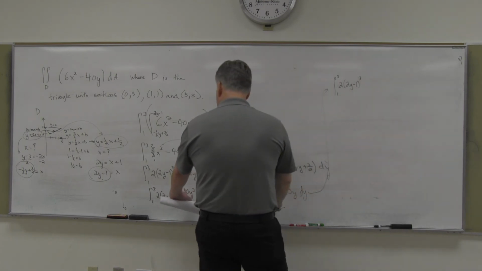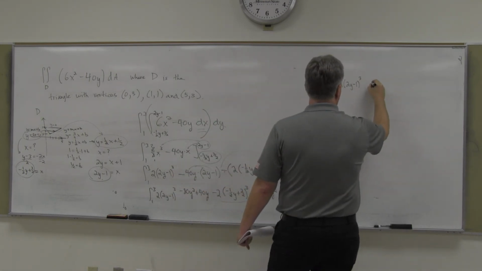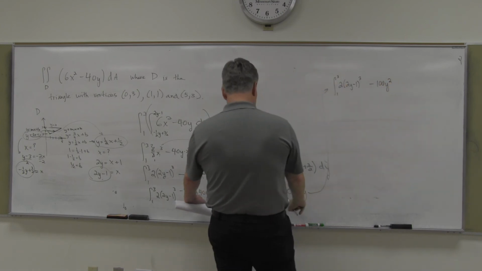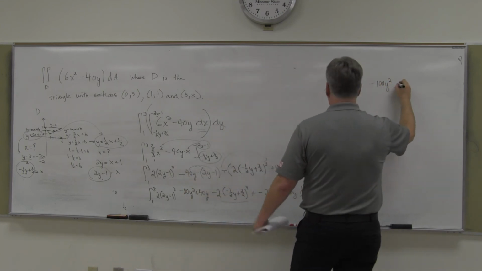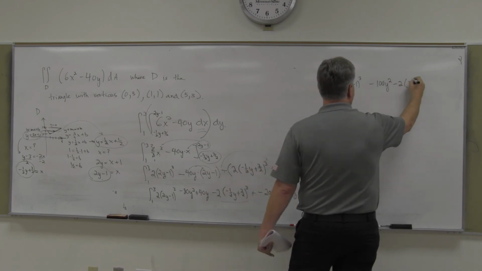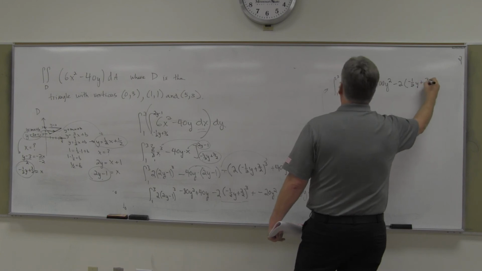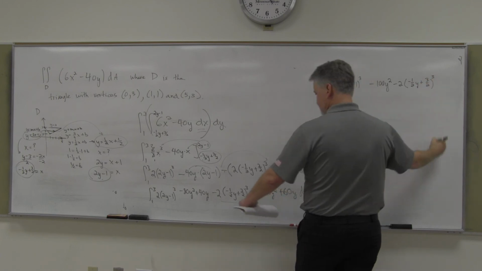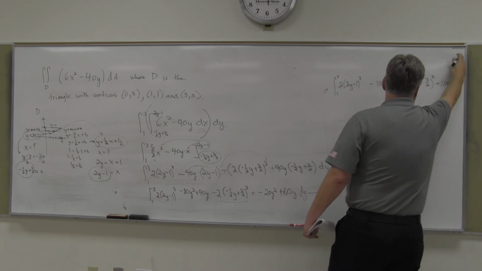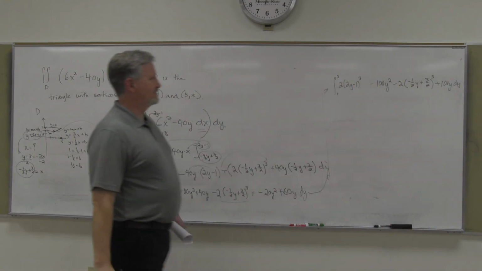I've got minus 100y squared. And I've got 100y. Oh, don't forget the negative 2, negative 1/2 y plus 3/2 cubed plus 9y.